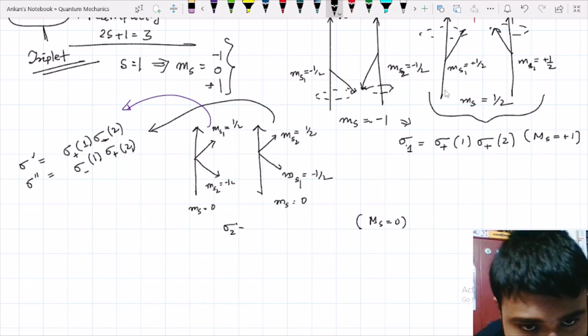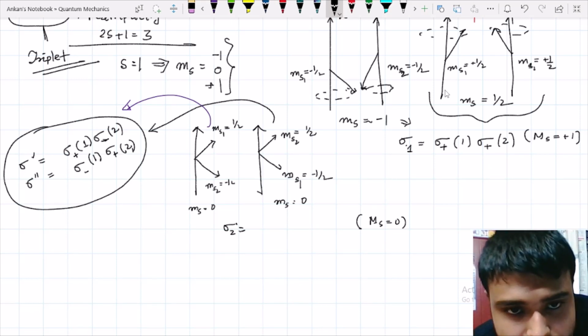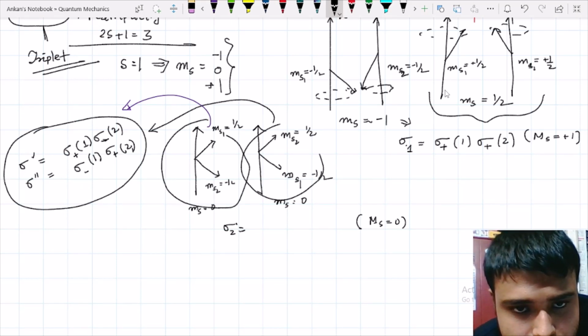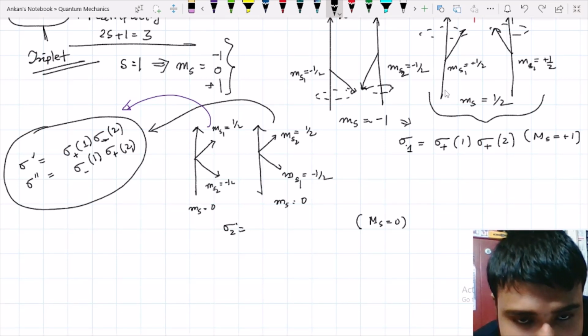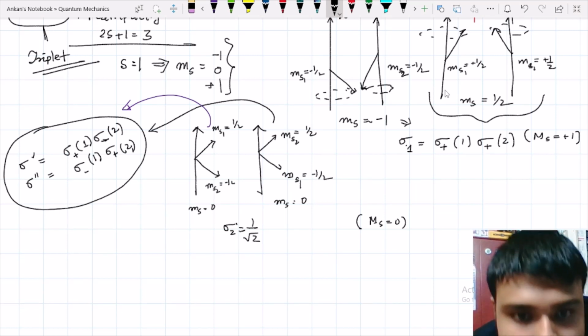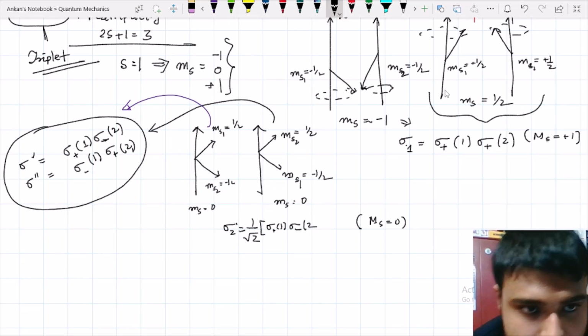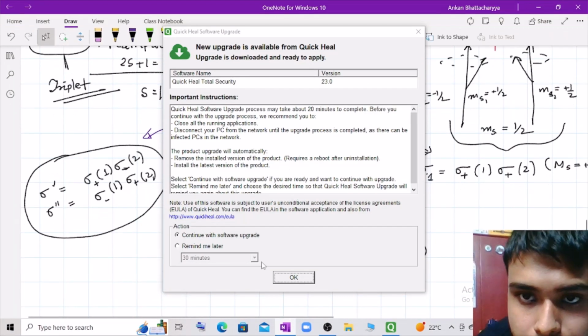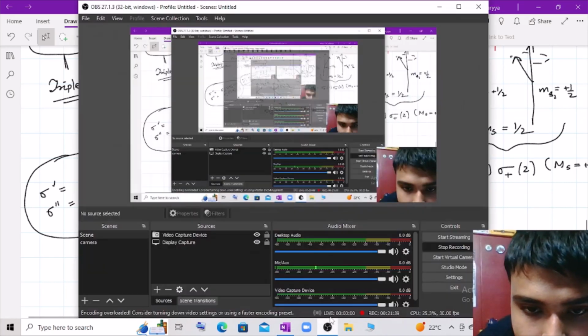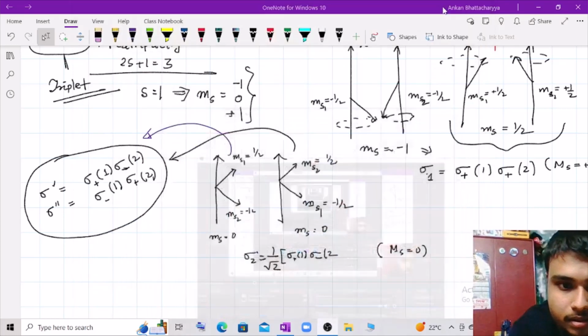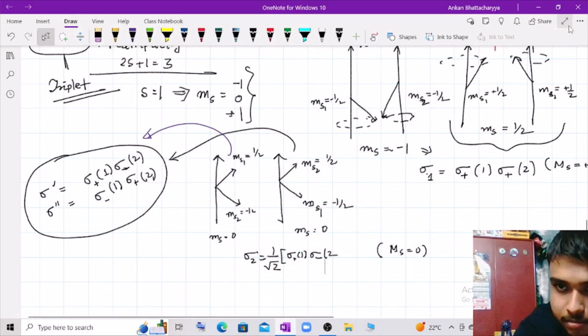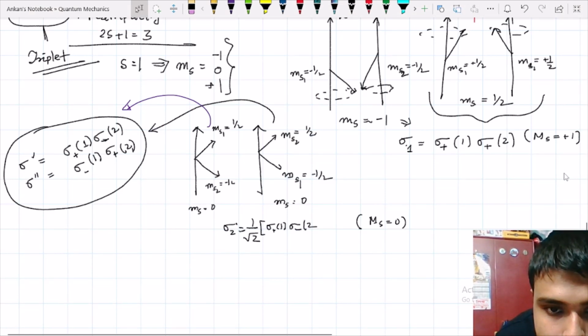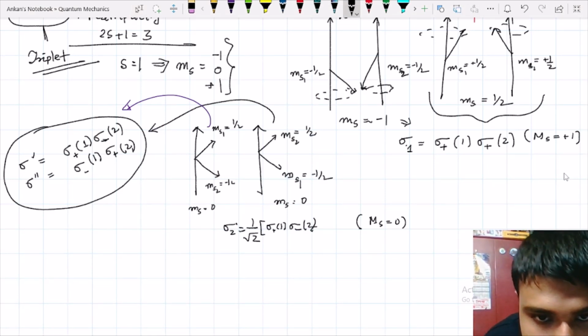So sigma 2 will be a linear combination of the two. There are two possibilities of either this happening or this happening, so we can take here the linear combination, which is 1 by root 2 of sigma plus 1 sigma minus 2 plus sigma minus 1 sigma plus 2.